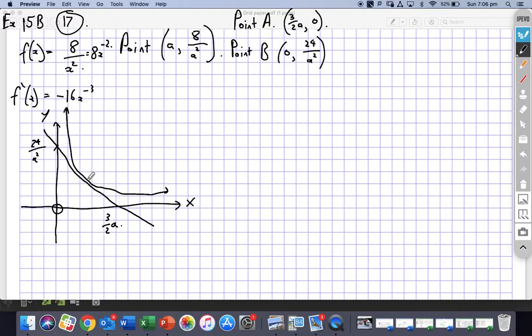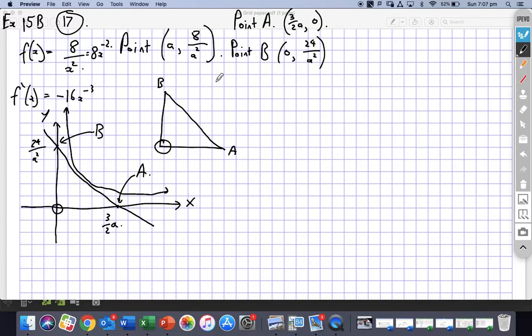Anyway, you can see a triangle OAB. Point A was this one, that's point A in here. This is point B. So we've got this triangle: B, A, and O, which is the origin.